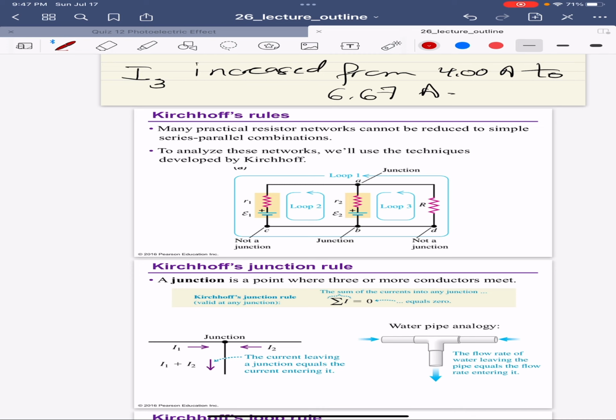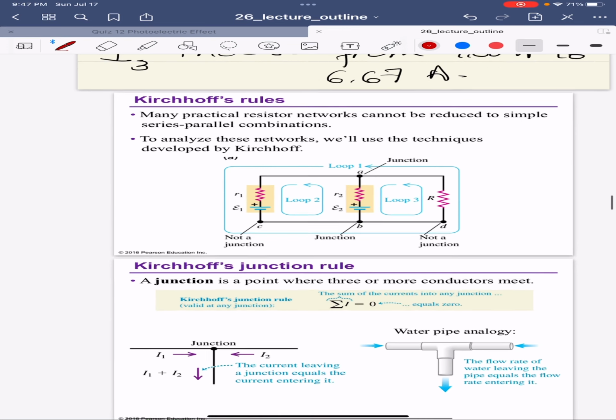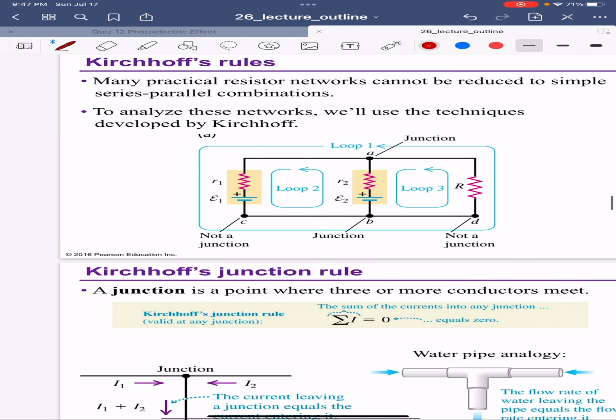Now, what we need to know is that there is something called a loop, and that loop is going to have junctions. Here we have A, C is a junction, B is a junction, A is a junction, B is a junction, D is not, it has just one route, and C also has one route.